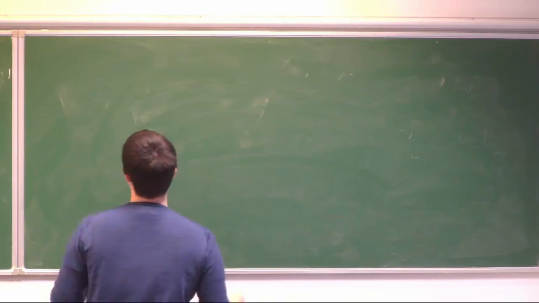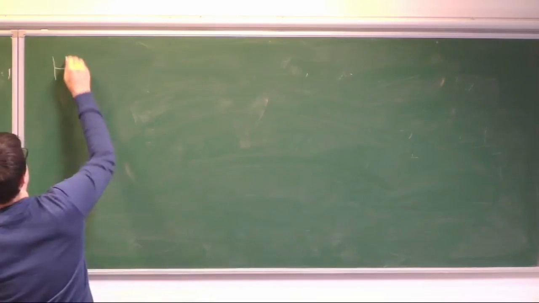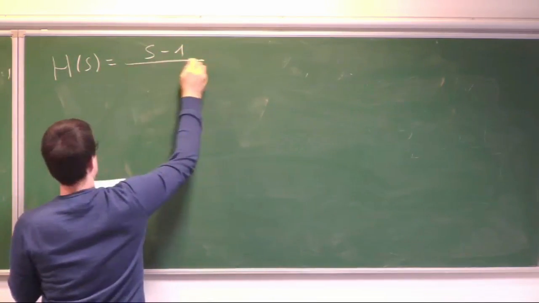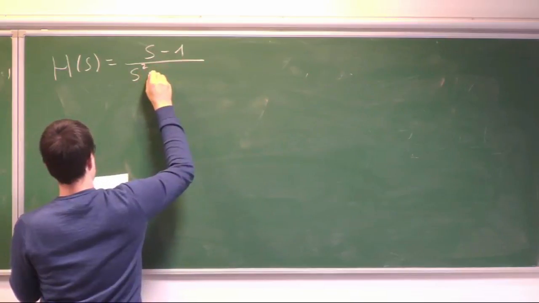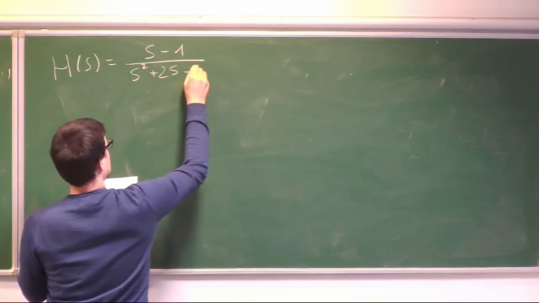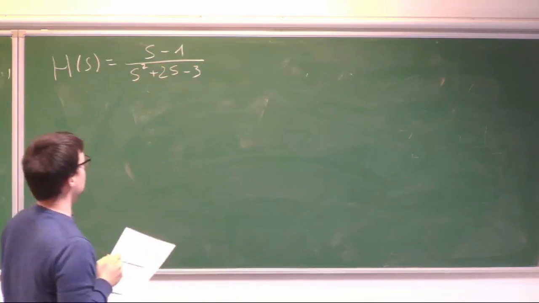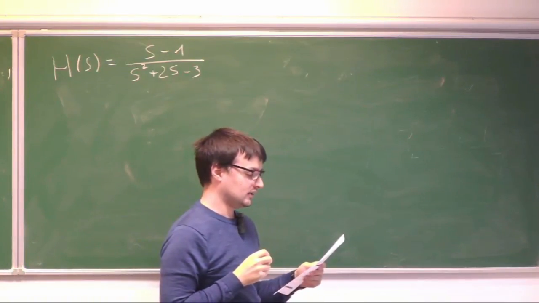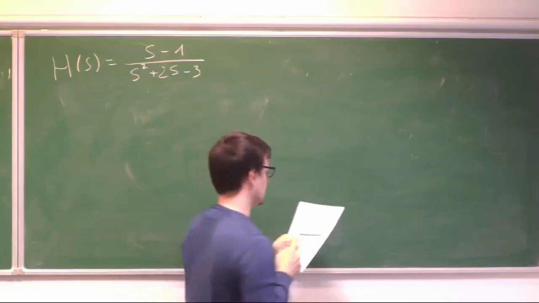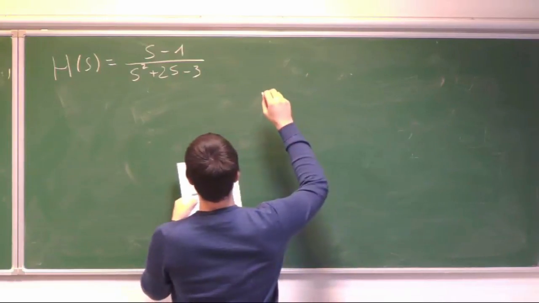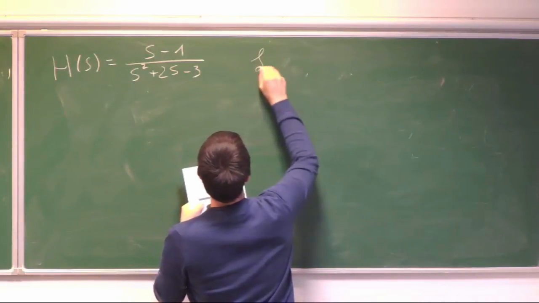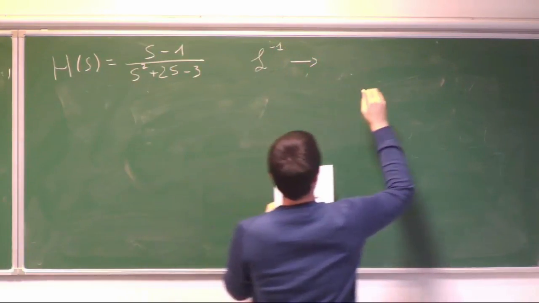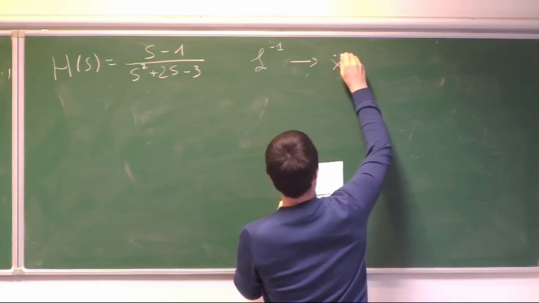Okay? So the example is the following. I have a transfer function that is the following, and I write also the differential equation associated to this transfer function. And the differential equation, so computing the inverse Laplace transform, is the following.